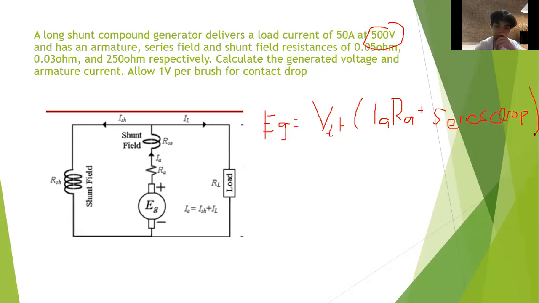We will also add the obtained brush drop, which is 2 volts. Now we have our equation to obtain the total generated voltage.